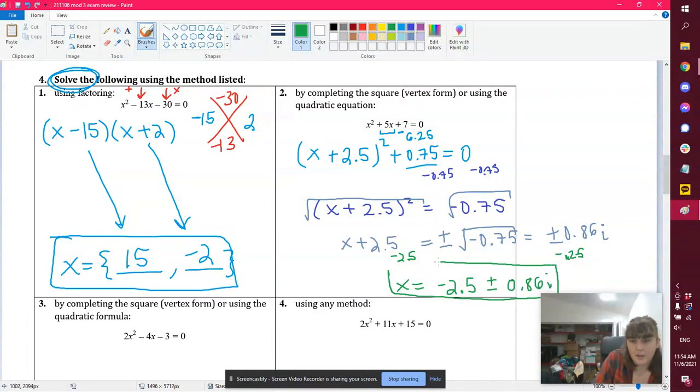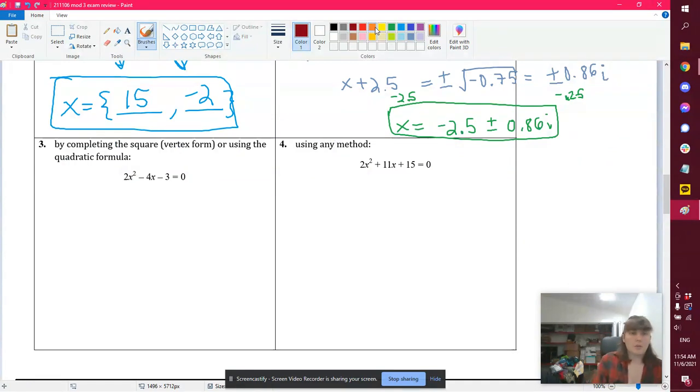And that will be my final answer. To be honest, the ones in your test won't look this gross. But the main point is if you have a square root of a negative number, that means we're going to have i's in our answer, which is totally fine.